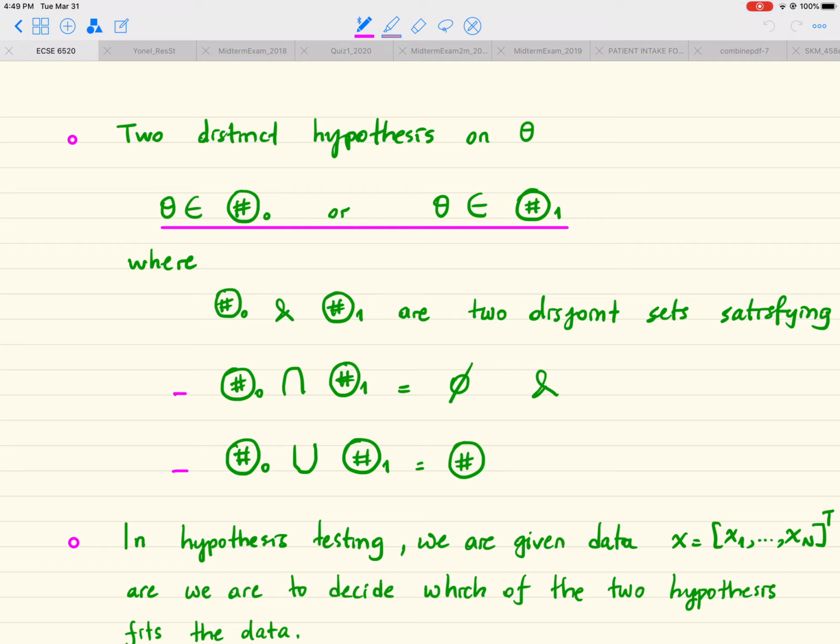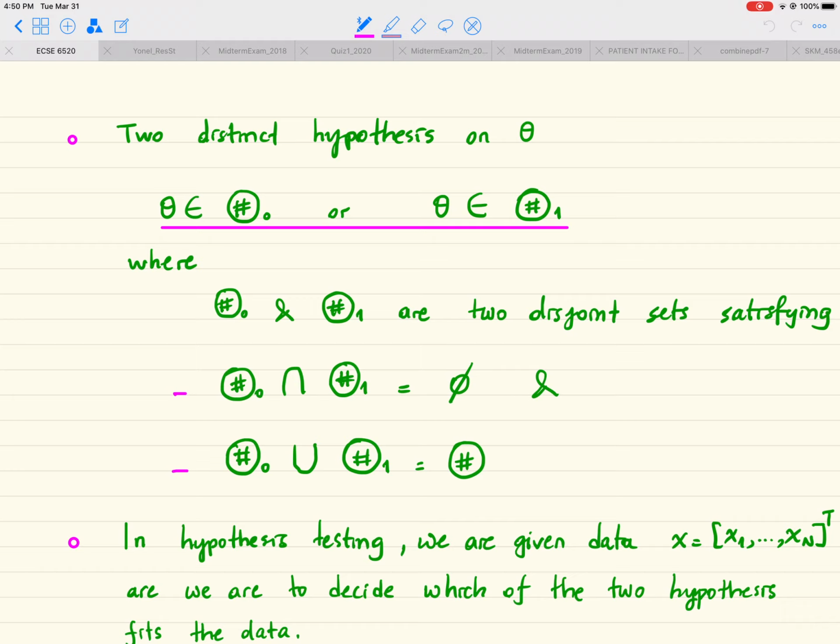Alright, so in hypothesis testing, in the simplest case where we have two hypotheses, we start with two distinct hypotheses on the parameter theta. Okay, so in one hypothesis, the parameter theta belongs to this parameter set Theta sub 0, let's say.